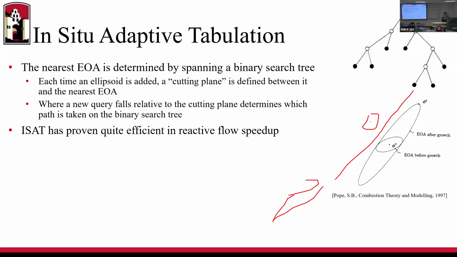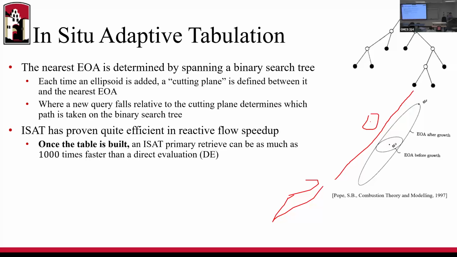And ISAT has proven to be quite efficient in reactive flow speedup. It is in fact a feature on some versions of ANSYS even. I'm not sure if they still support it, but it has even been incorporated in commercial software.